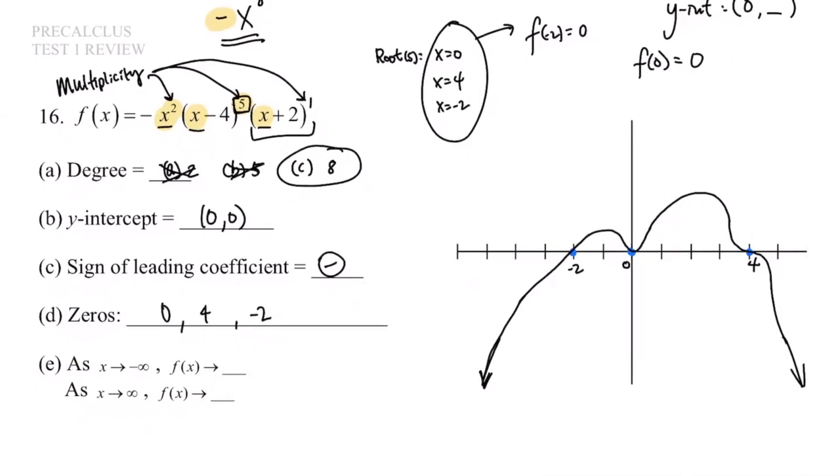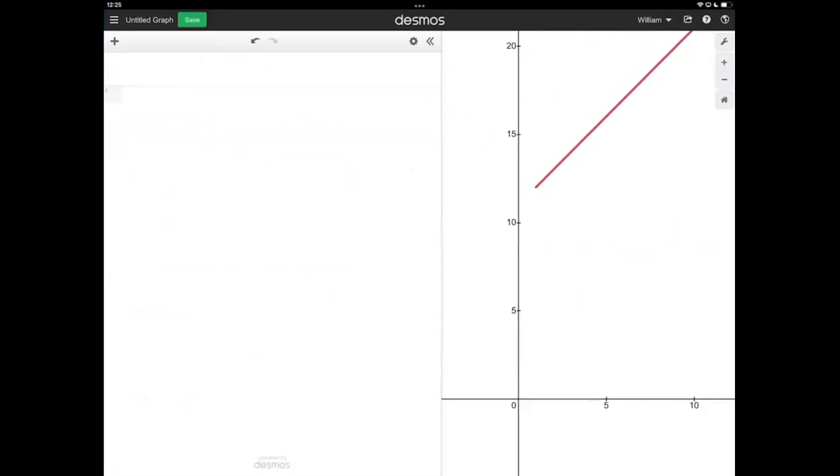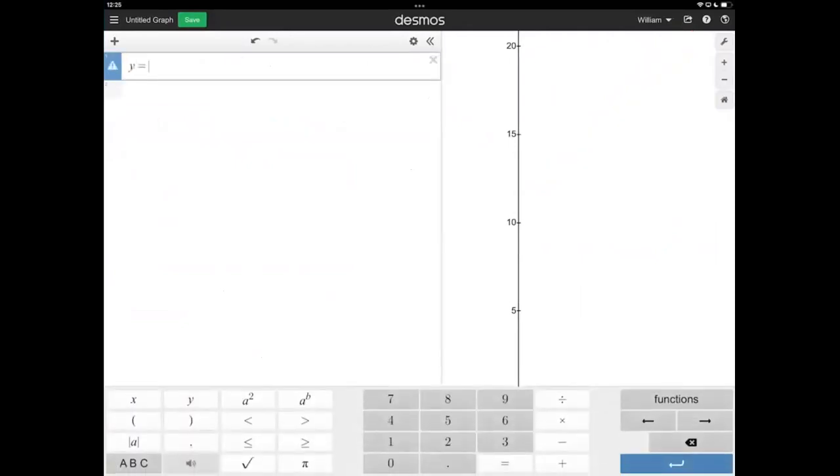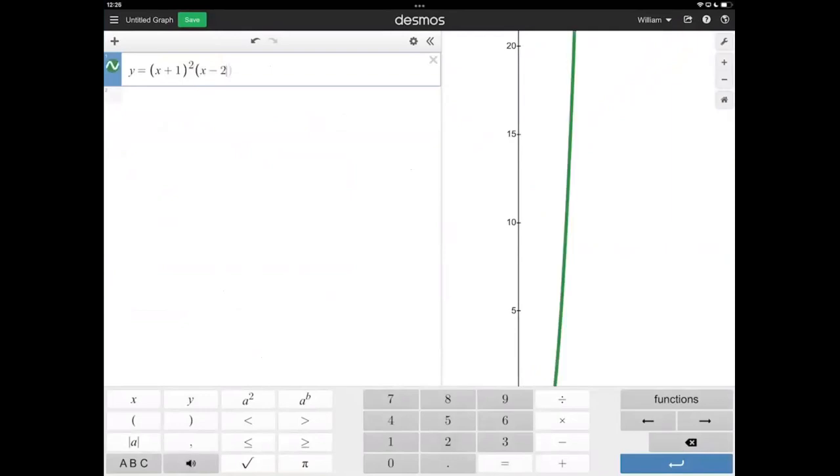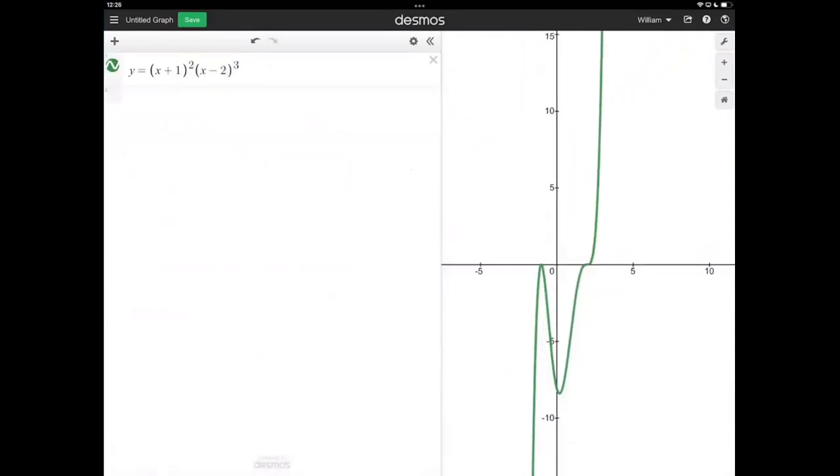Now, one good way to show your understanding would be to create a polynomial with different factors and then use Desmos to try it out. Let me do (x plus 1) squared, for example, and then (x minus 2) cubed.